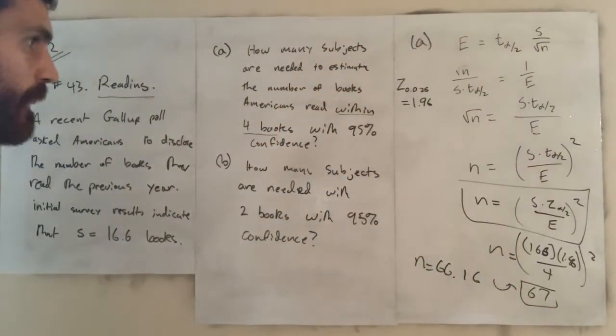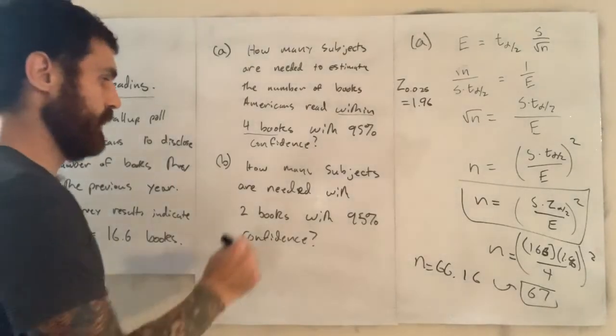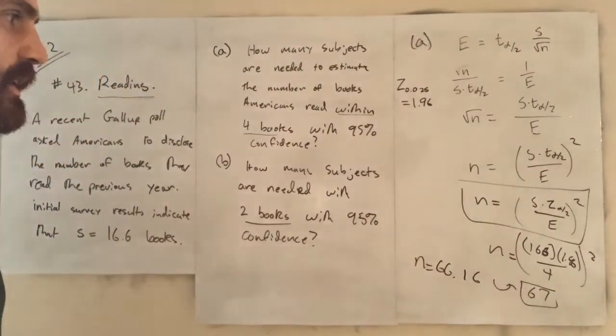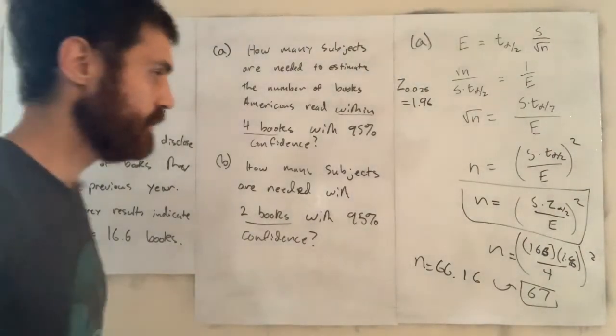Okay, what if we wanted to do it within 2 books? Well, how is that going to affect our value?